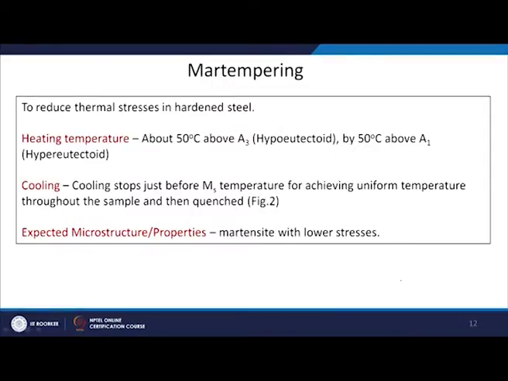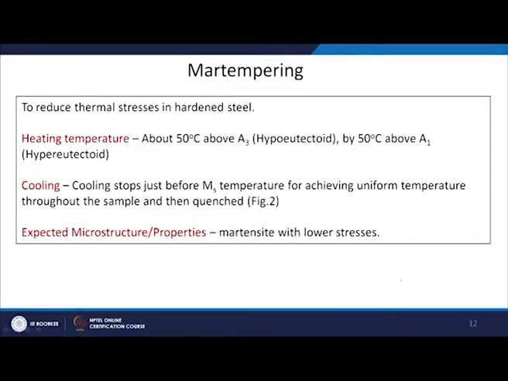Tool steels are the steels where you do some alloying, and these can be easily hardened by oil quenching. That is what you use in industry for making dies and so on. Then there are a couple of very interesting processes. One is, for example, Marr tempering. It is to reduce the thermal stresses in hardened steel.